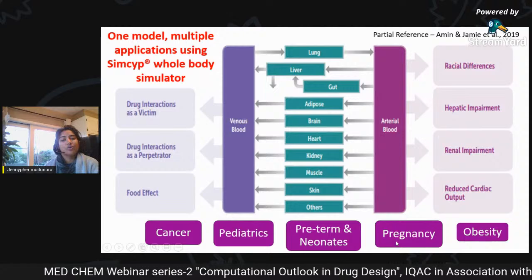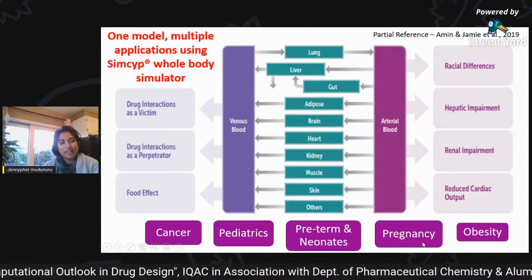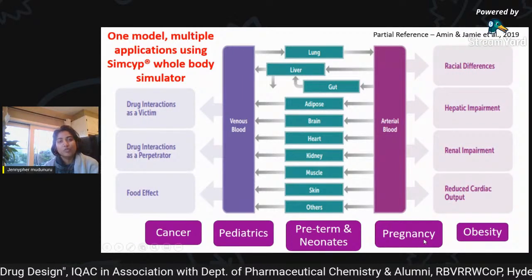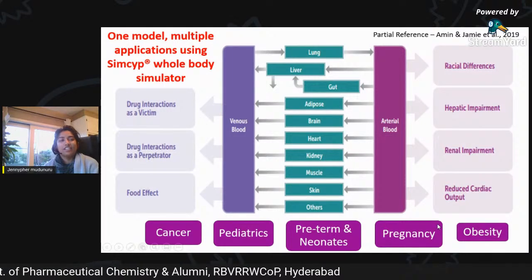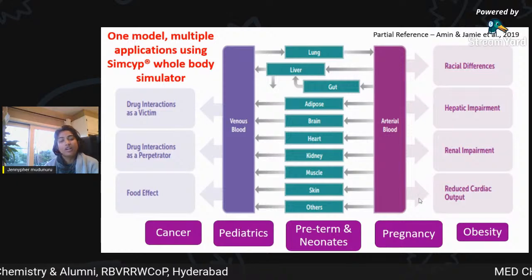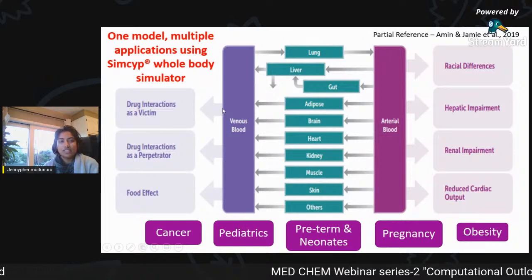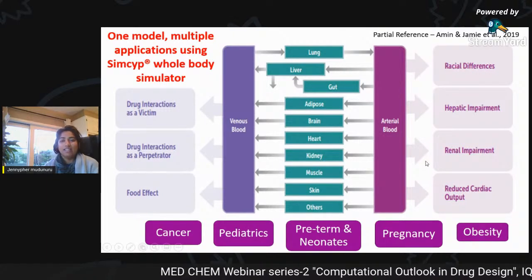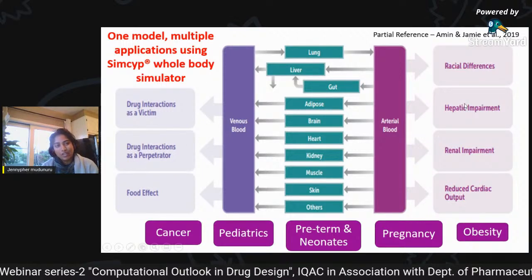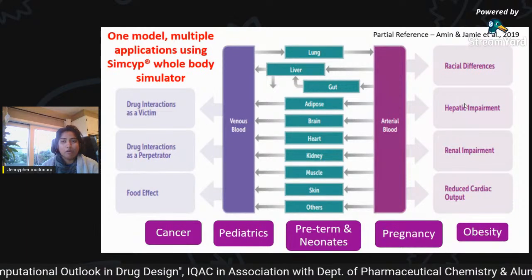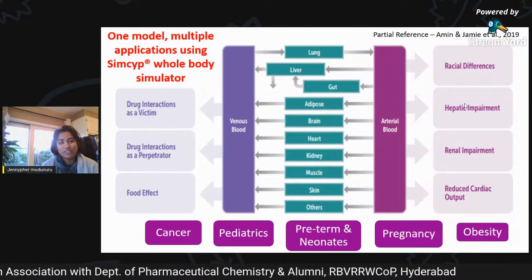So it becomes even more important to use a model to target the pregnancy population, because sometimes you would have to use these drugs in a pregnant woman, and it's always advantageous to know what kind of PK you might expect going into this kind of population. And in those instances, the PBPK model comes in very handy. So these are all the various kinds of applications that you can do with a single PBPK model if you build it from scratch up, from the preclinical, and then optimize it with your clinical data.